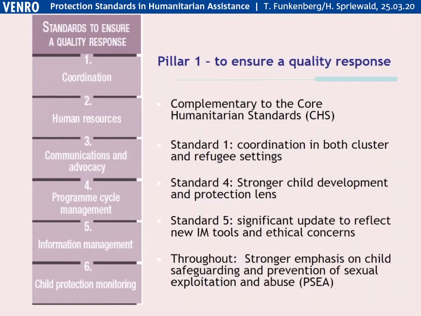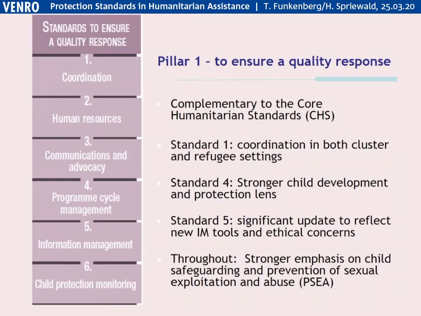They are, of course, complementary to the Core Humanitarian Standard, which has 9 commitments. Standard 1 is on coordination, of course, in both cluster and refugee settings. And for example, standard 4, program cycle management, also includes child protection measures.